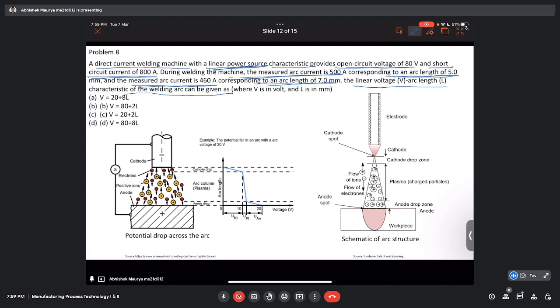Can you think of it, and if any one of you has any clue how to do that, you can unmute yourself and tell me, or you can write in the chat box. Briefly, you can write one or two lines if you have any idea how to solve this question, how to get the relationship between the voltage and the arc length from the given information.